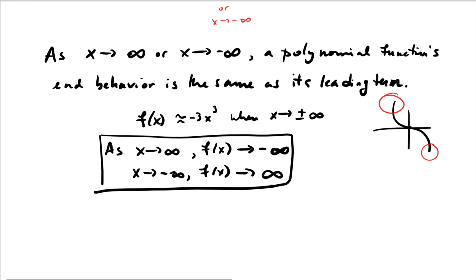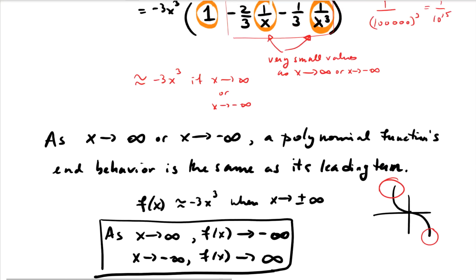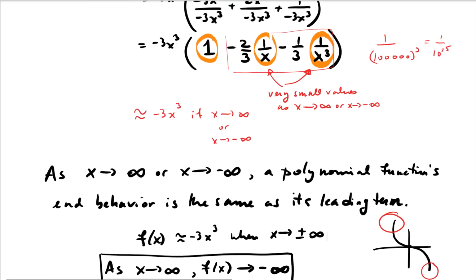Finally, on an exam, let's say I write this down, I could always verify this by plugging in a large positive number first, but you don't have to be very large. As soon as you get large, like x cubed, x to the 5, they're going to become pretty big, even if x is not that big.